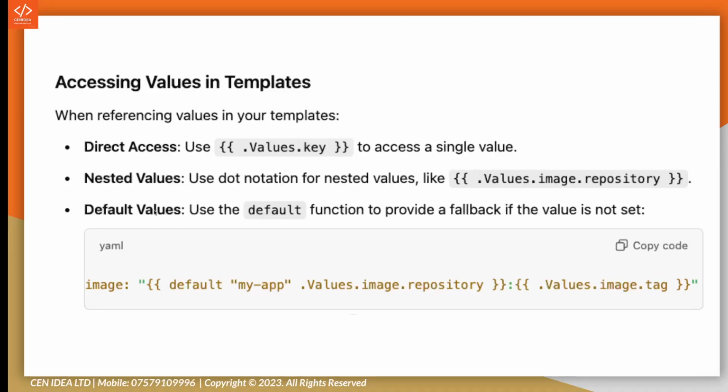And then the last one is using what we call default values, which means kind of hard coding things, but it also gives you the option to look for something. If you don't provide it, then it will default to something. This is the example here. You use the default function to provide a fallback if the value is not set.